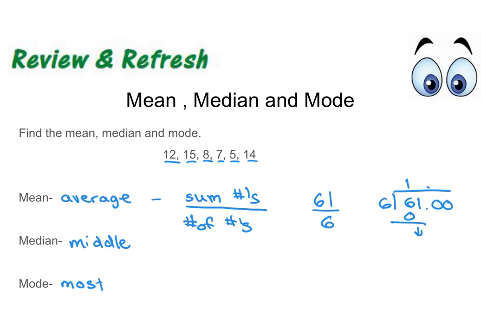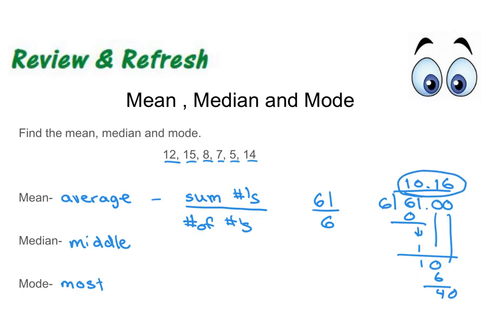Bring down a 0. 6 goes in there 1 time. 4, bring down a 0. 6 goes in there 6 times. So we would say that the average is 10.16 because 61 divided by 6 is 10.16.